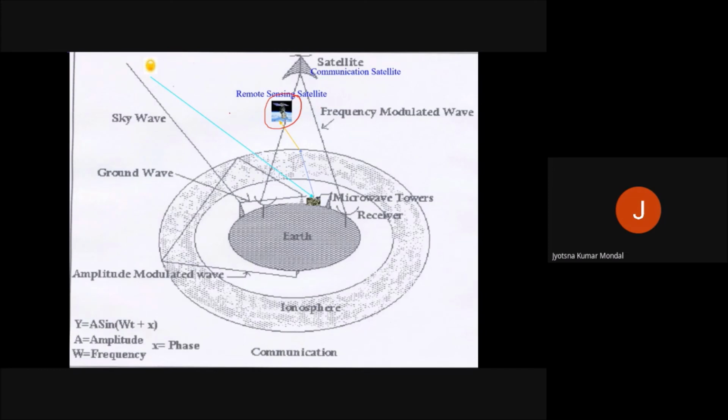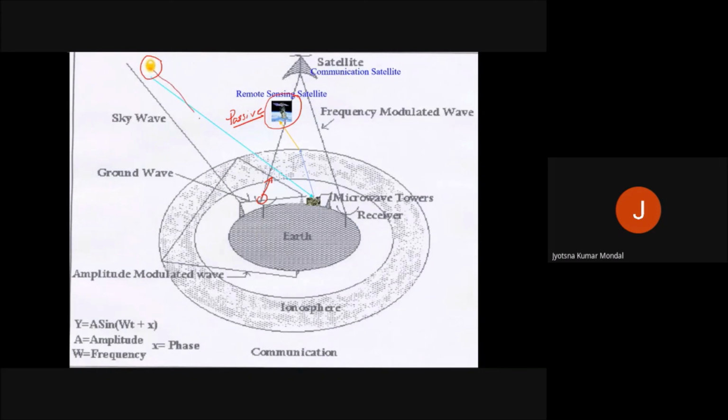These are all passive sensors. Why passive? Unlike the communication satellites, where you are triggering a signal, an energy, and that's why it is active, here no energy is being triggered. Here we are only using a source of energy. Who is the source of energy? Sun.